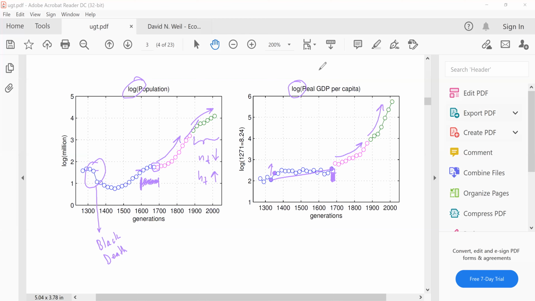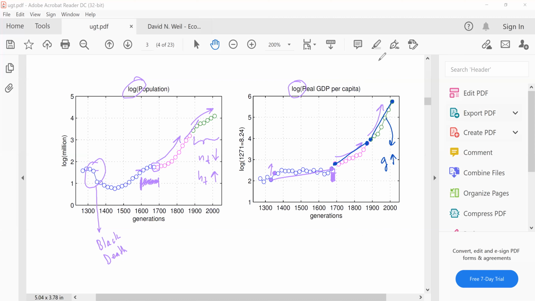Let me change color. Let's make it blue. So there will be a trend growth rate here in this regime. What is it? It's like that. And then there is also a trend here. As you see, the growth rate here is faster.